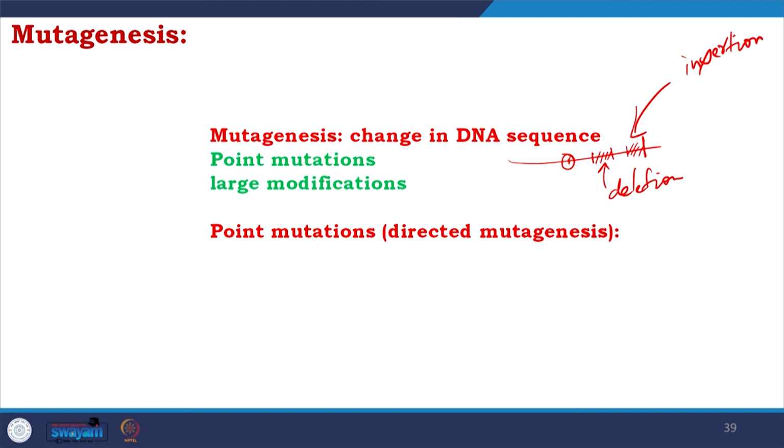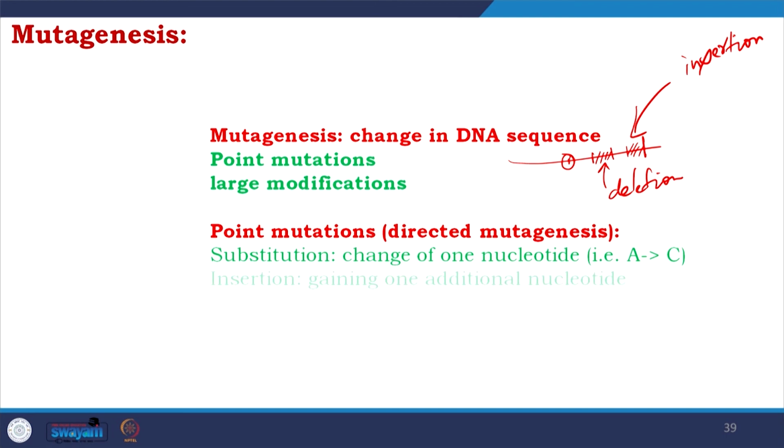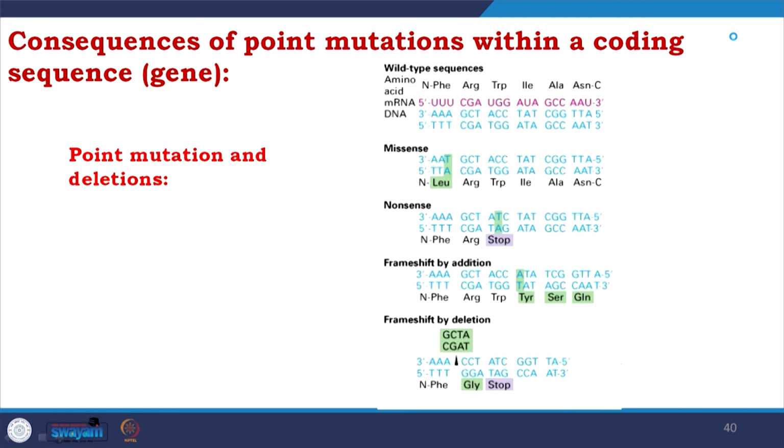Point mutations are directed mutagenesis: substitution, change of one nucleotide; insertion could also be pointed, gaining one additional nucleotide; deletion, loss of one nucleotide. They come under point mutation. We will discuss different types of point mutations within the coding sequence, how they are incorporated towards mutagenesis, and their effect.